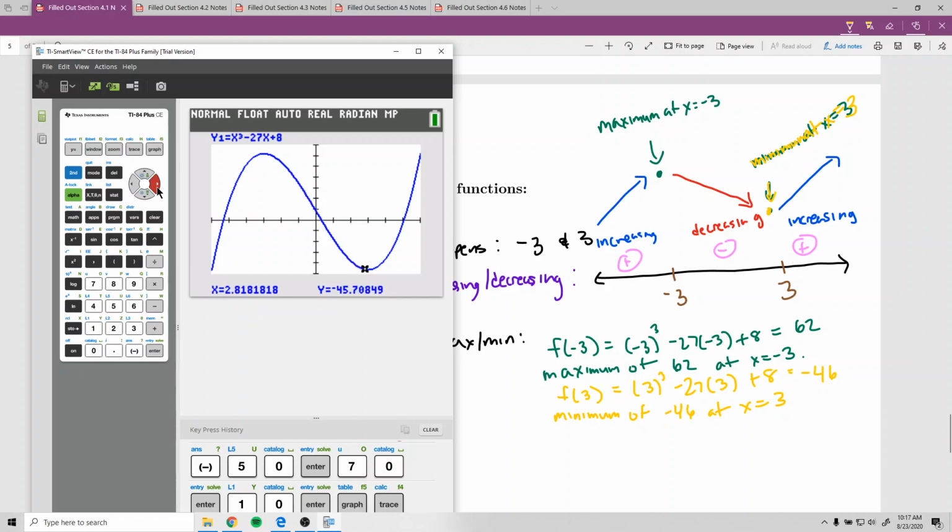We see that there is a minimum, I can't believe it worked out perfectly, at x equals 3 and y equals negative 46. If you trace and don't get exactly these numbers, just seeing that they're close really confirms that you did it right. And you can also see we are increasing to the left, decreasing in the middle, and increasing to the right. So everything we did worked out perfectly.